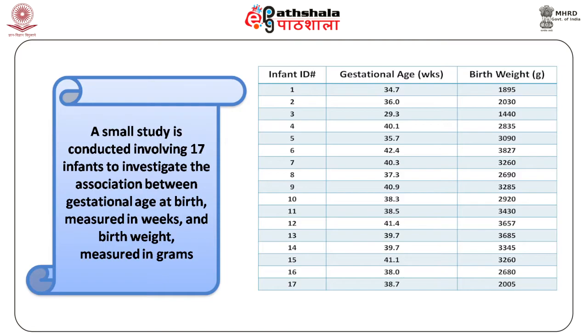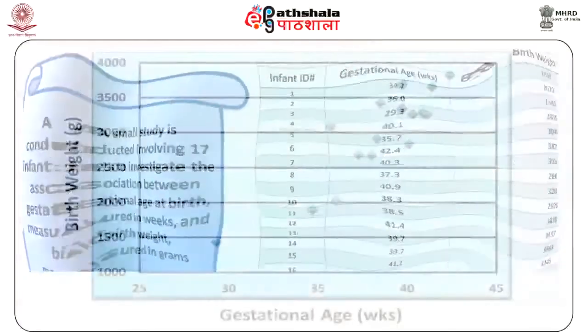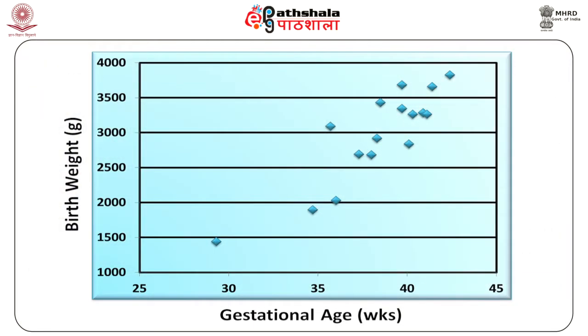The data has been displayed in a scatter diagram in this figure. Each point represents an xy pair, in this case, the gestational age measured in weeks and the birth weight measured in grams. Note that the independent variable is on the horizontal axis or x-axis, and the dependent variable is on the vertical axis or y-axis.